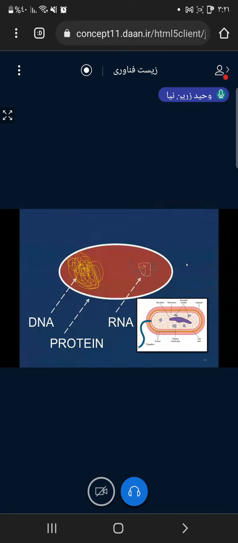As you see in the cell, you can find three important materials: DNA, protein, and RNA. But which of them is responsible for genetic inheritance between individuals? DNA or RNA?